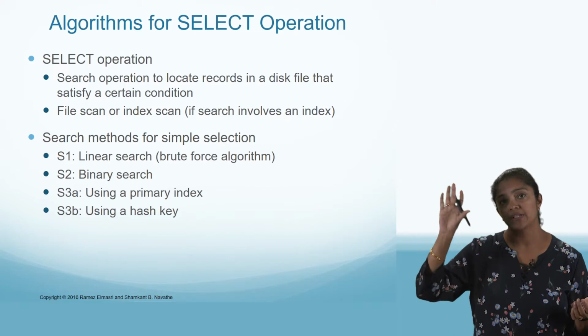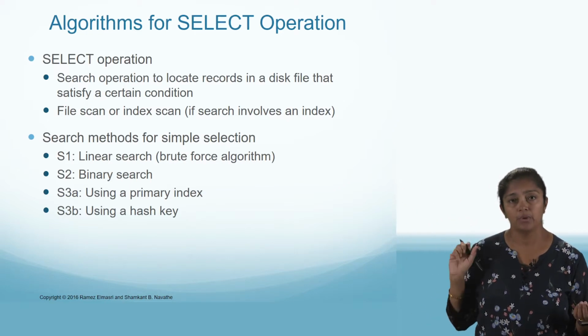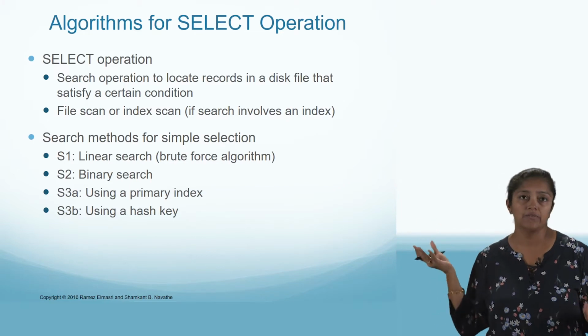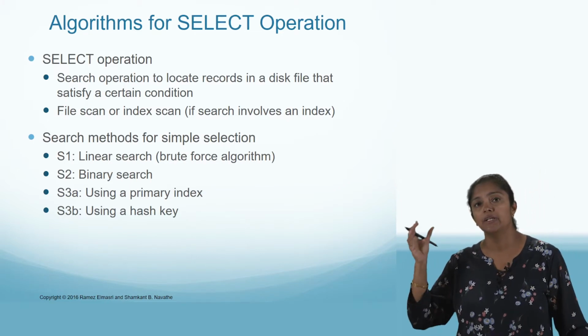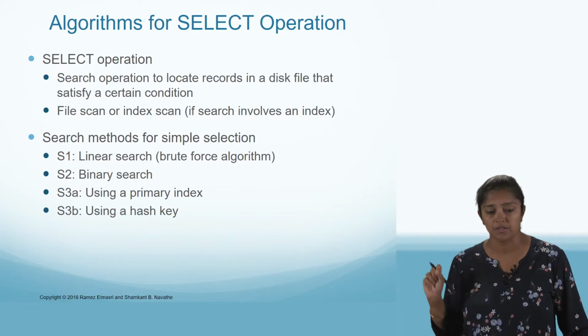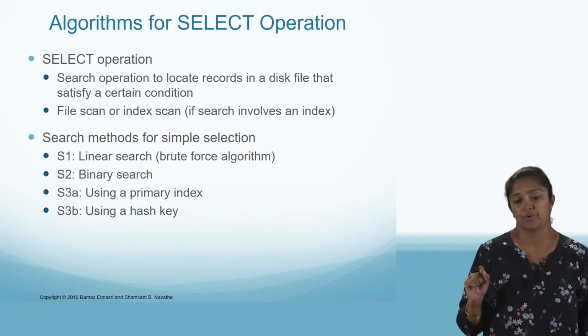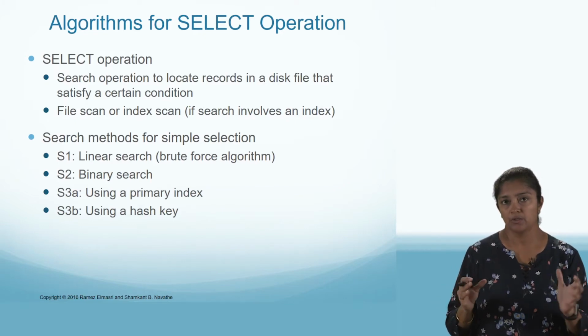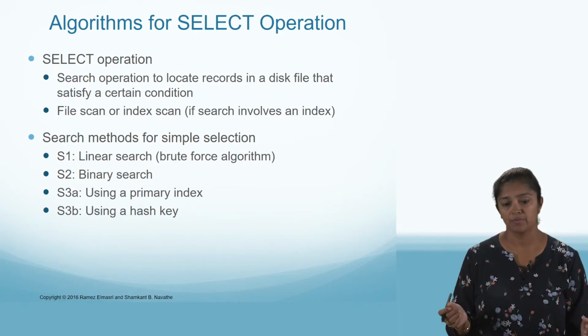So this involves basically scanning through the file and pulling out those matching records, or using an index scan. If there's indexing provided, then doing an index scan and pulling out the relevant rows. So there are different search methods to perform a simple selection when there's a simple condition.